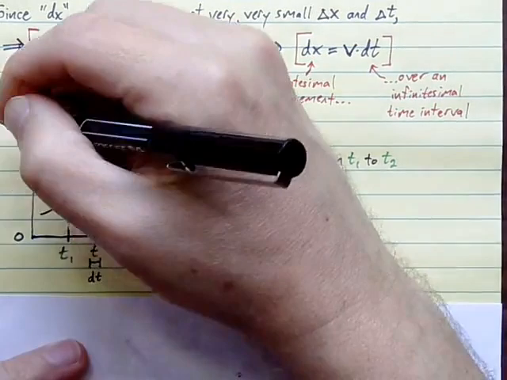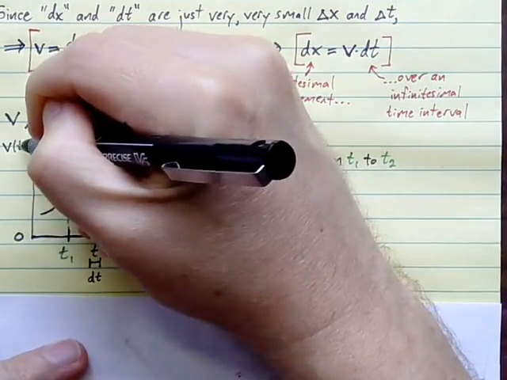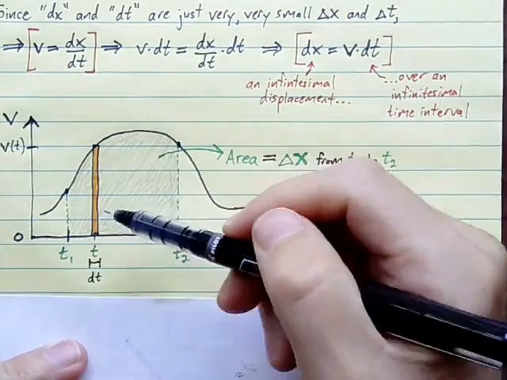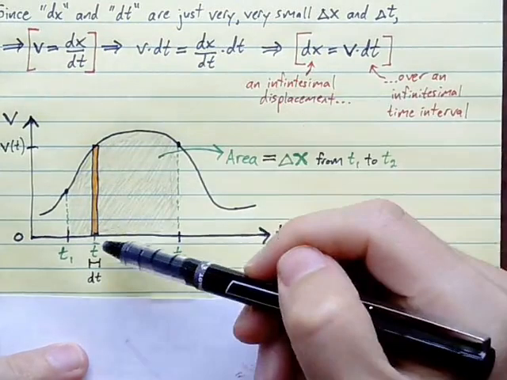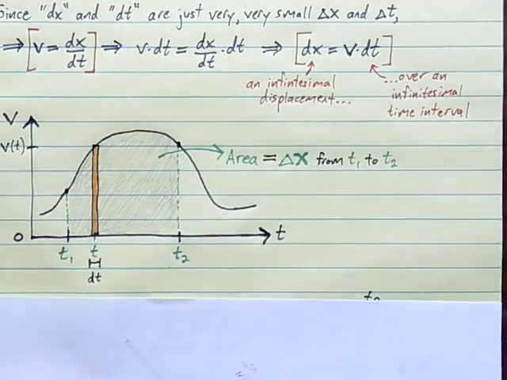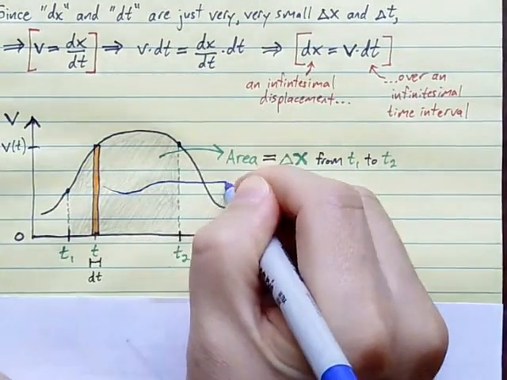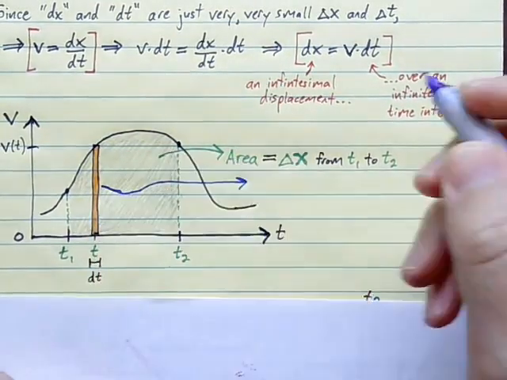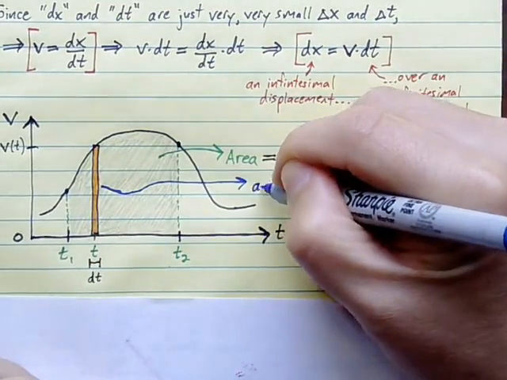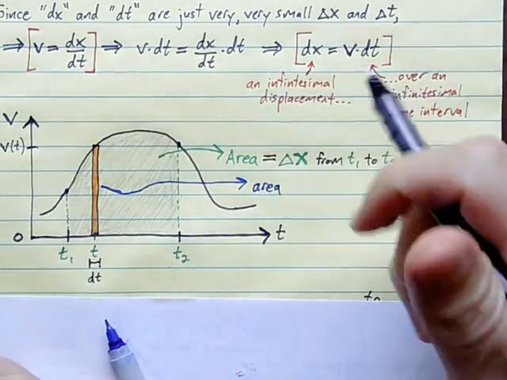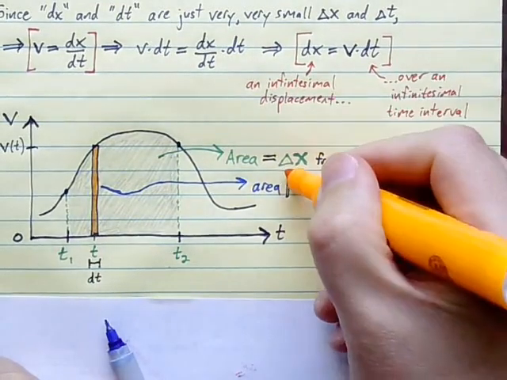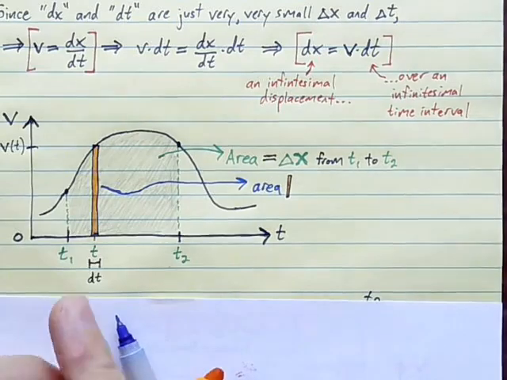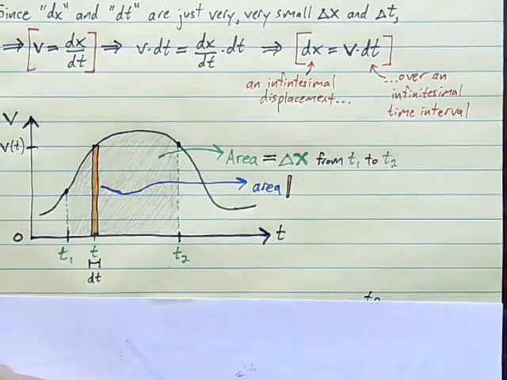So velocity at time t is the height of our rectangle. And if it's a rectangle, then we know its area is its height times its width here. So let's express the tiny area of this one thin rectangle here: that tiny area is equal to its height times its width, so velocity times dt.